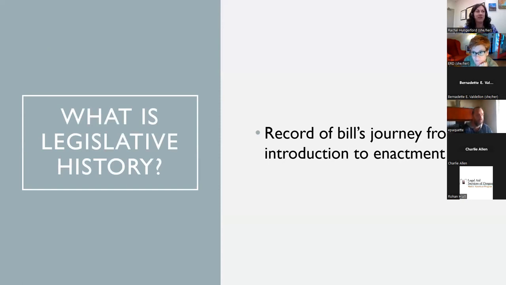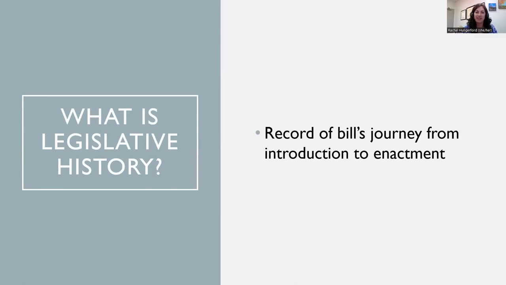And I'll focus more on what is legislative history, what are all the components of a statute's legislative history, and what are the relative weights that the courts will give to those different pieces, as well as the section on how to find legislative history. I find that that's often the most intimidating piece of all of this, especially if you've never done it before or have not had a lot of grounding in Oregon's legislative process.